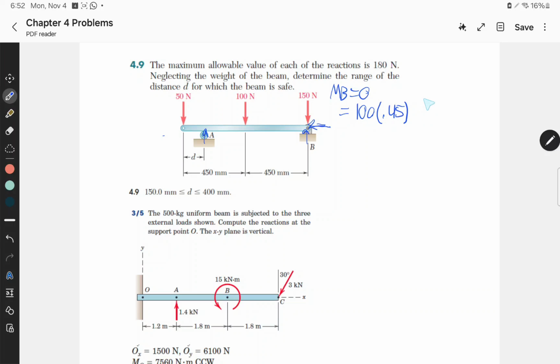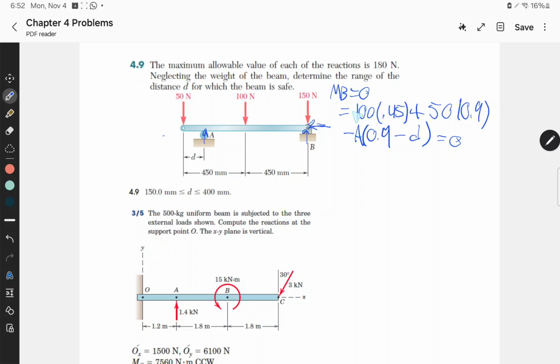And then you're gonna do 50 plus 50 times 0.9, because these are both positive, they're going in the counterclockwise direction. And then minus A times D is like all of this, and then the distance between it, so it's going to be 0.9 minus D equals 0.